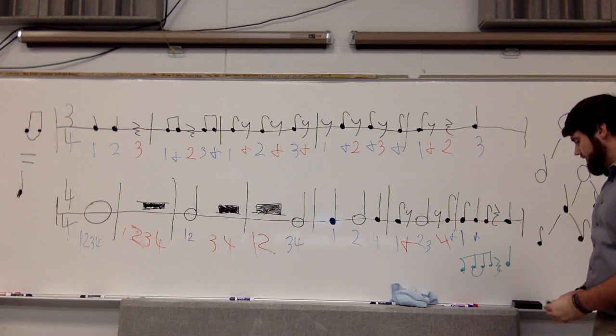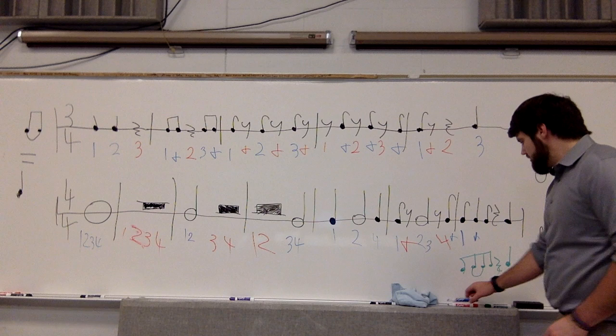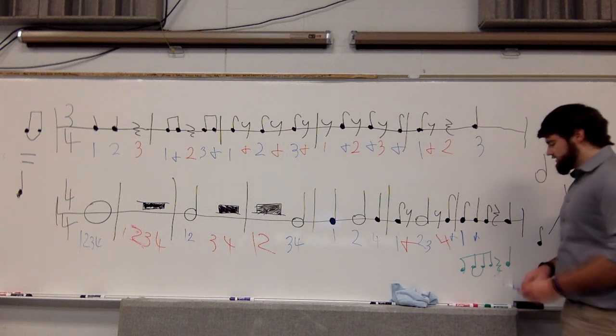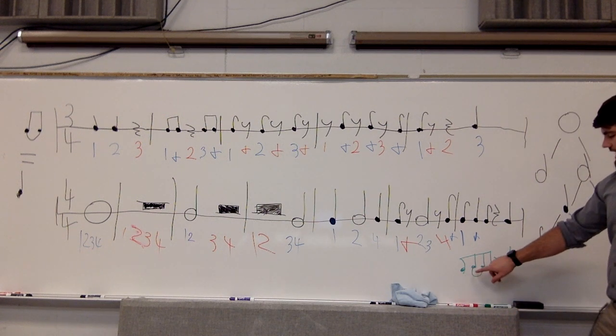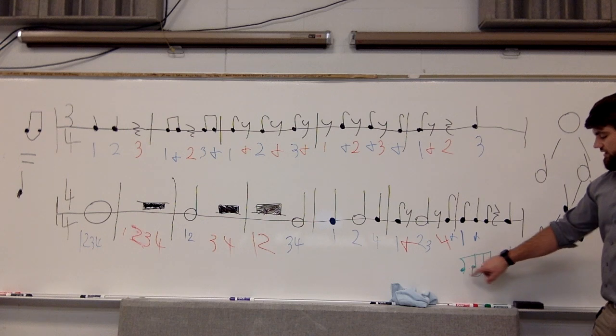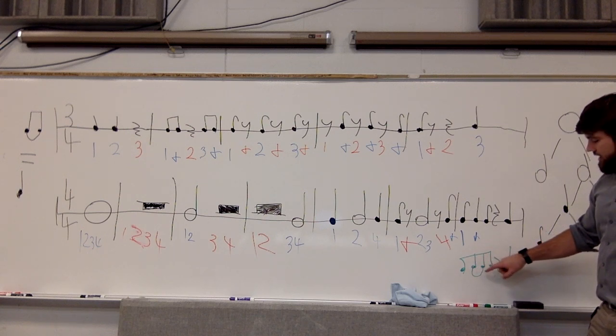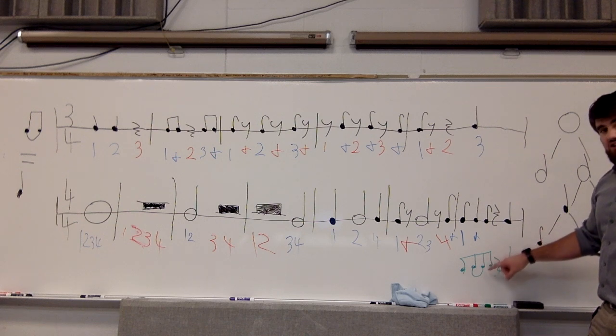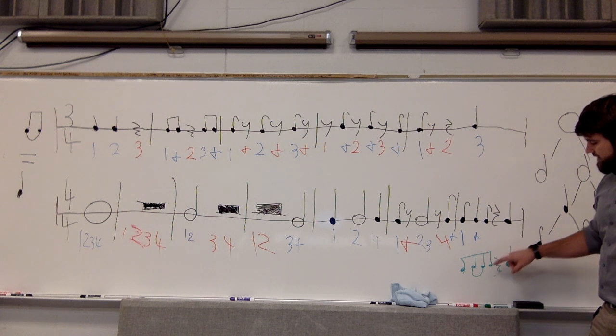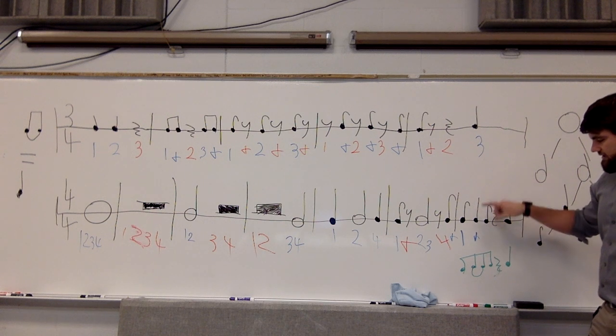So, going forward, what is this going to be? So we already know that 1 and is done. The and of 1 and the beginning of beat 2 are tied together. And then you have this eighth note all over here by itself. This is equal to this.